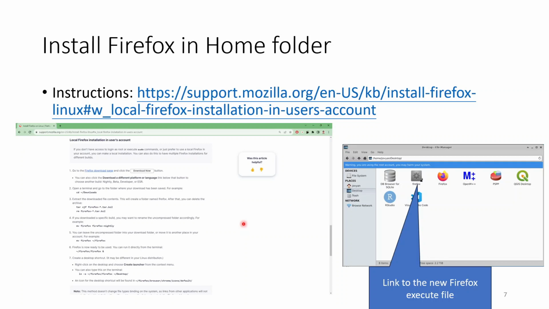And how to install Firefox on Linux? You can just follow the instructions from the Firefox official website. After following the instructions, you will see a new icon on your desktop.